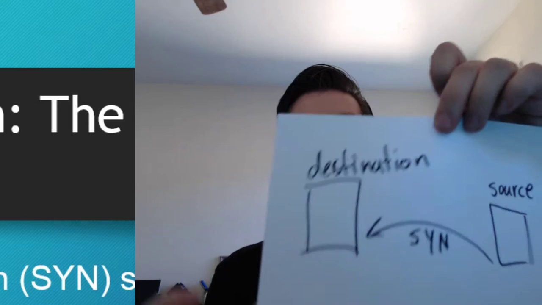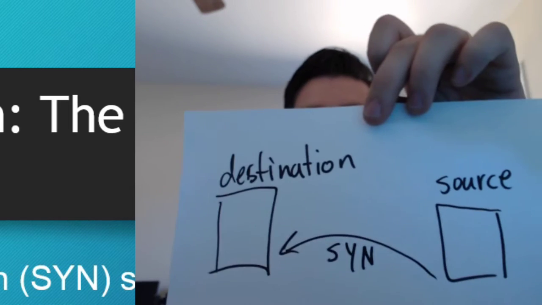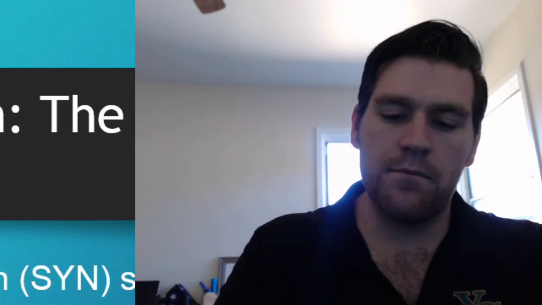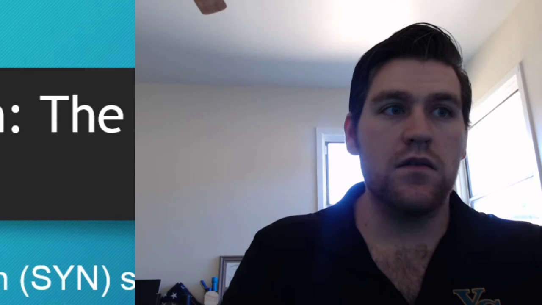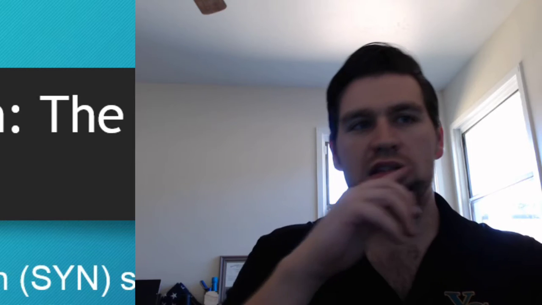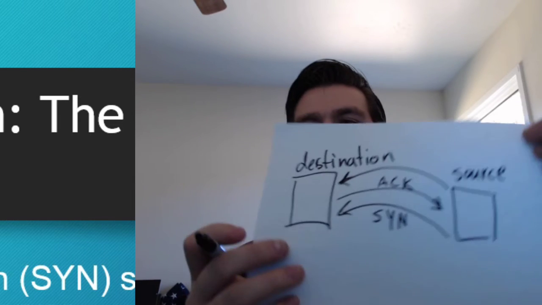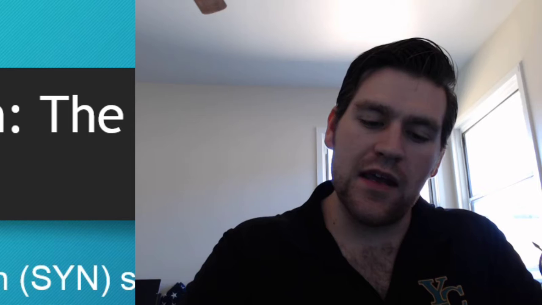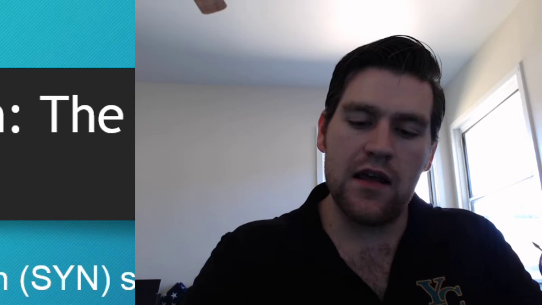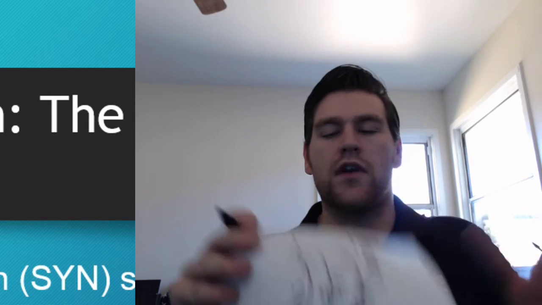This just says, hey, let's get on the same page, I want to send you something. This guy is going to respond with an ACK packet, an acknowledgement. And finally, I know I'm kind of doing this backwards and upside down, so this is the first step, second step, and the last step is a SYN-ACK.